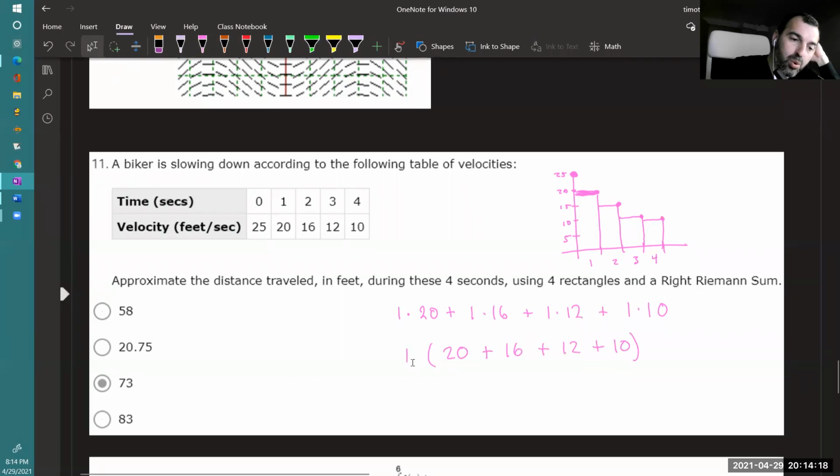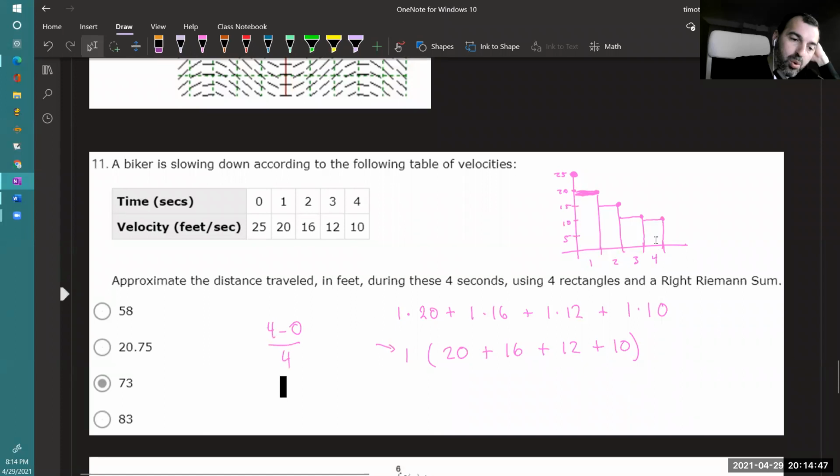And by the way, how do you get this actual 1 here? This 1 is equal to the entire range, from 0 to 4, divided by the number of rectangles. So 4 minus 0 divided by 4 rectangles. That 1 is equal to 4 minus 0 over 4, where 4 is the number of rectangles.